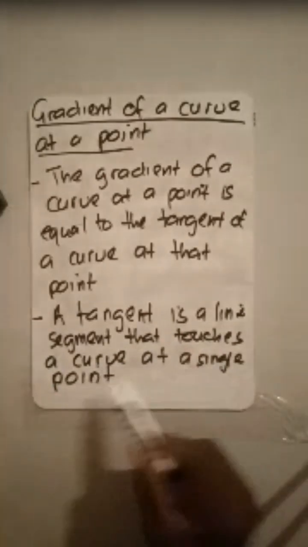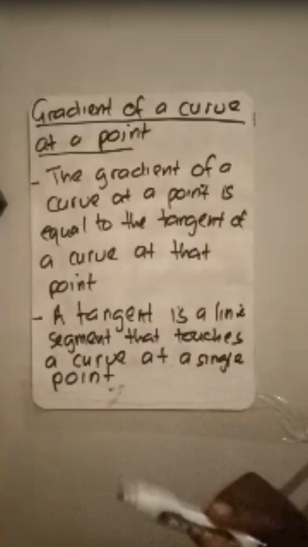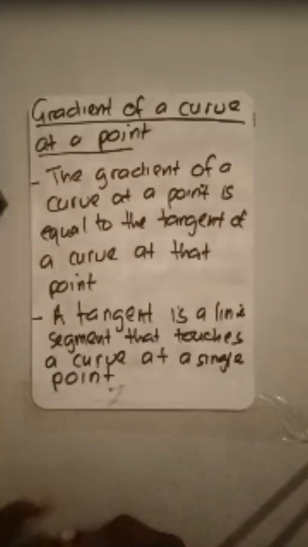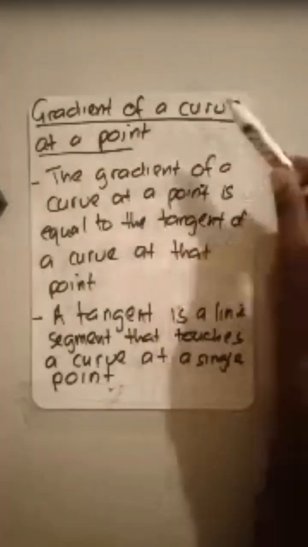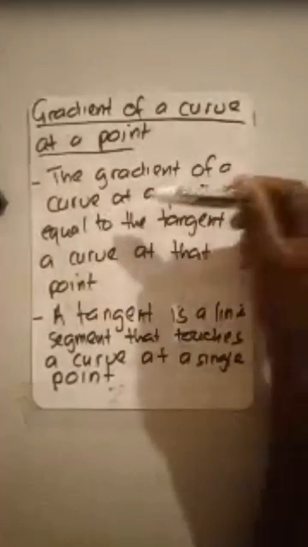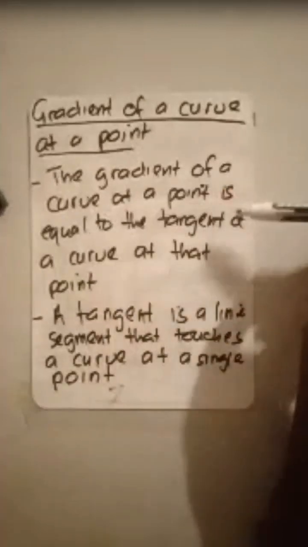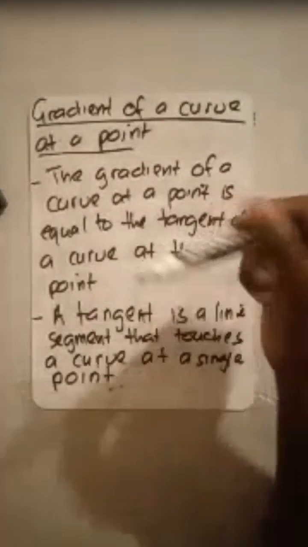At a single point. A tangent is a line segment that touches a curve at only one point. So we said the gradient of a curve at a point is equal to the tangent of the curve at that point.